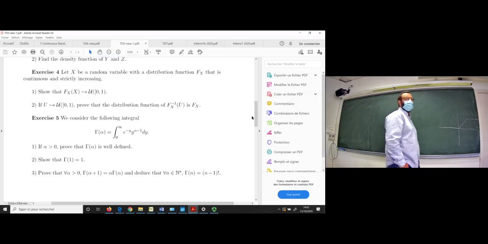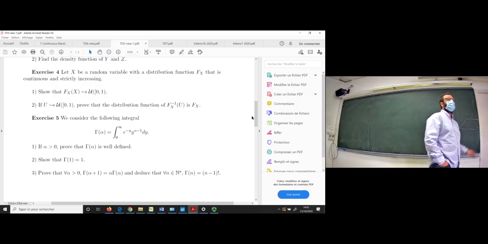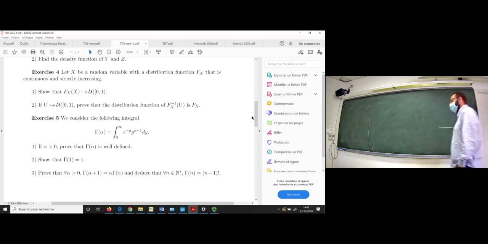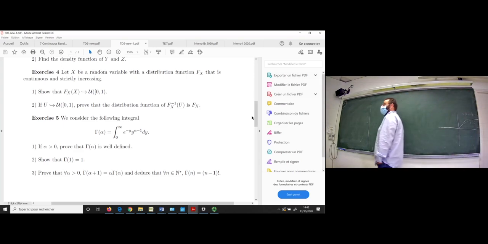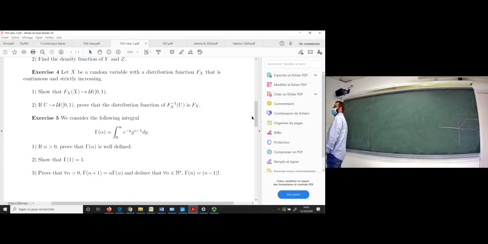When you do analysis, forget the probability for one second here. If you have a mapping from R into R that is continuous and strictly increasing, what can you say about this mapping? Something that is continuous and strictly increasing.